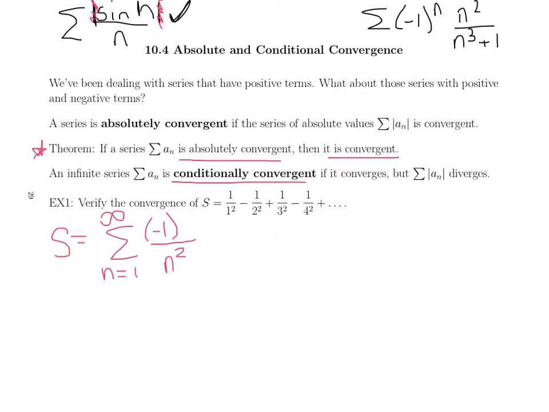So if we raise it to the n, we would get a negative right when we plugged in 1, and that would be the opposite of what we want. So I'm going to do (-1) to the n plus 1. So there's our series, S. And if we take the absolute value of our terms, the absolute value of (-1)^(n+1) over n squared, we should see pretty easily that that's just equal to 1 over n squared, because the negatives would go away.